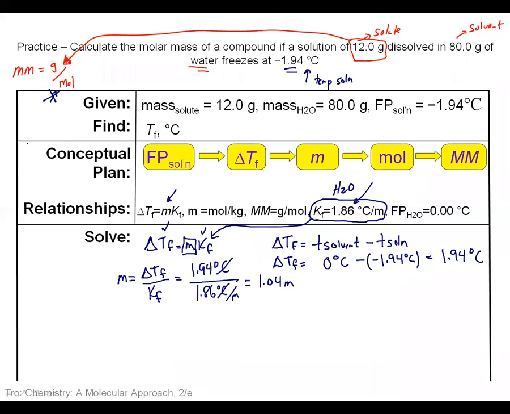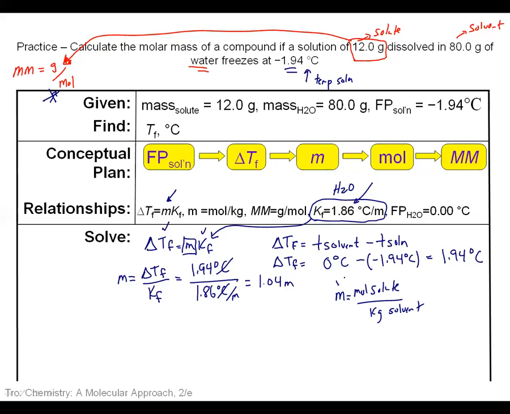So we're almost to the moles part, because again, if you remember, the molality is the moles of the solute divided by the kilograms of the solvent. So what we just calculated is actually the molality.